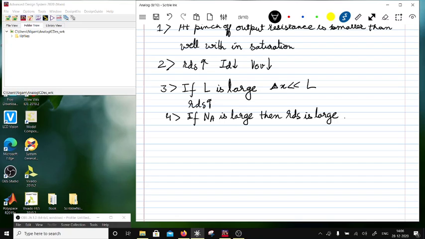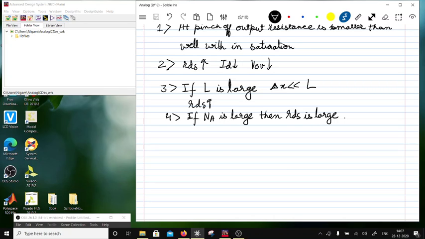So the output resistance is a function of channel length, and the larger the length, the larger the RDS. It is a function of overdrive: the smaller the overdrive, or the smaller the drain current, the larger the RDS.